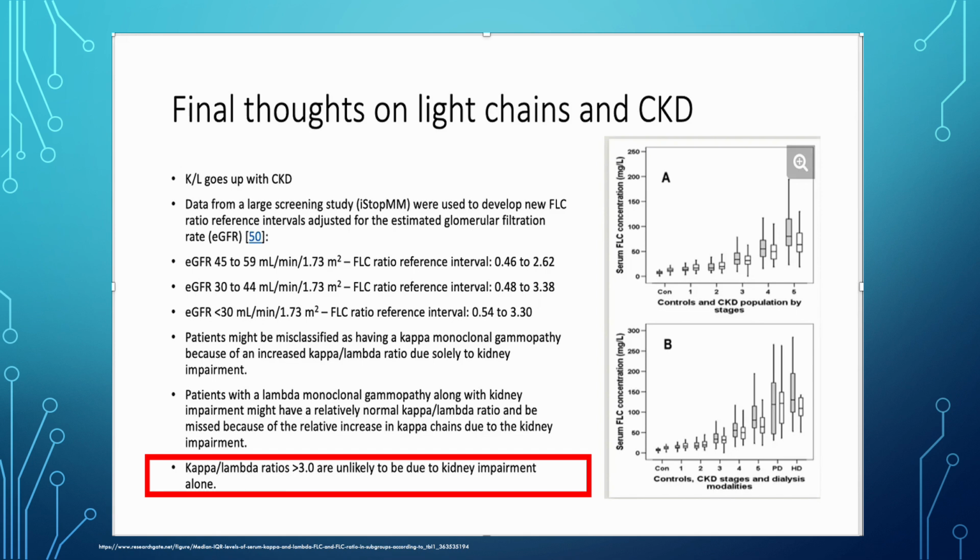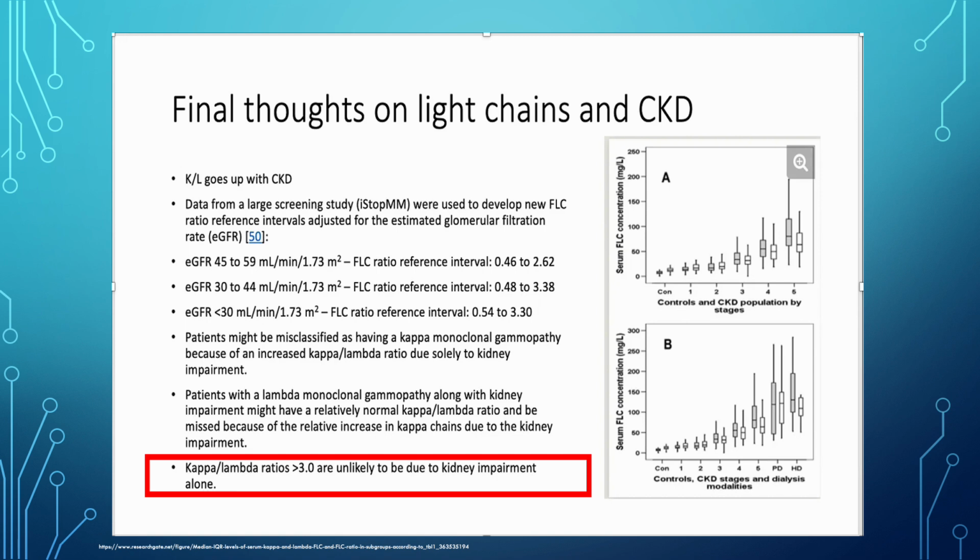But patients might be misclassified as having a kappa monoclonal gammopathy because of an increased kappa lambda ratio solely due to kidney impairment. And again, patients with lambda monoclonal gammopathy along with kidney impairment might have a relatively normal kappa lambda ratio, and we miss it because of the relative increase in kappa chains due to the kidney impairment.